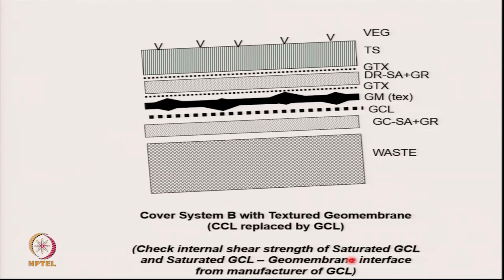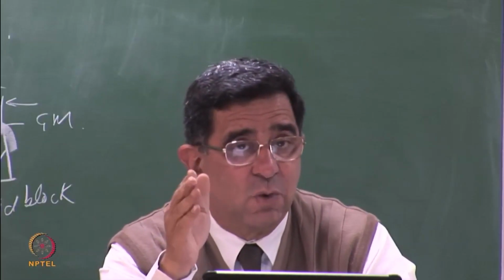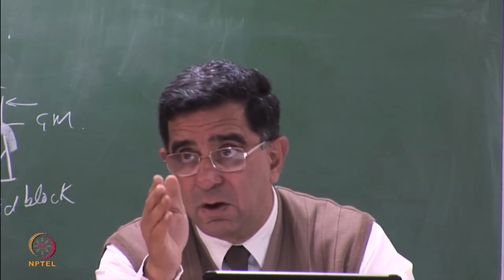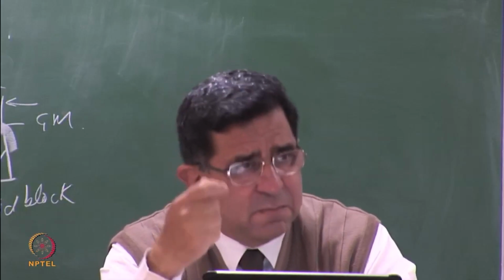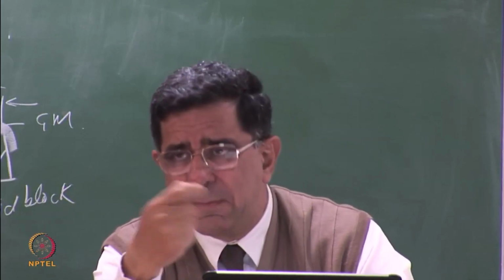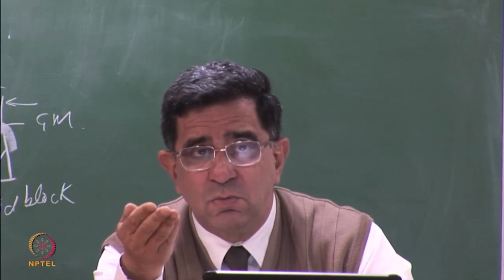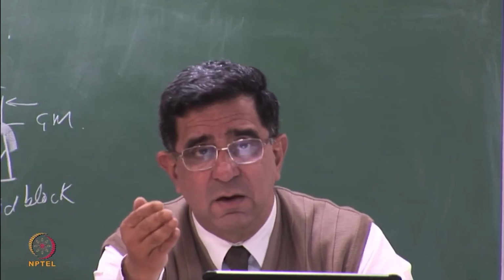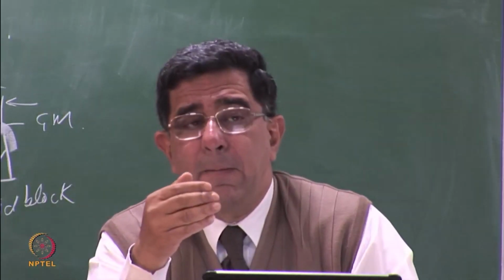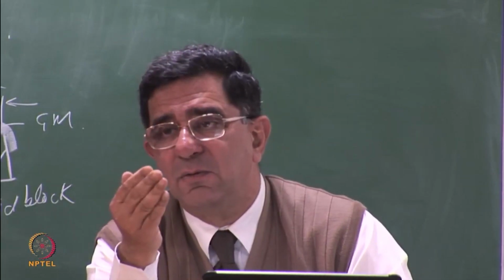When you use GCLs, you normally have to drop your side slopes from 3:1 to 4:1 because strength really falls. And since GCLs are being produced and changed very rapidly, I mean they are always under development, you do not pick up this value from a textbook. Please get a value, because a lot of research is being done to improve this delta value.